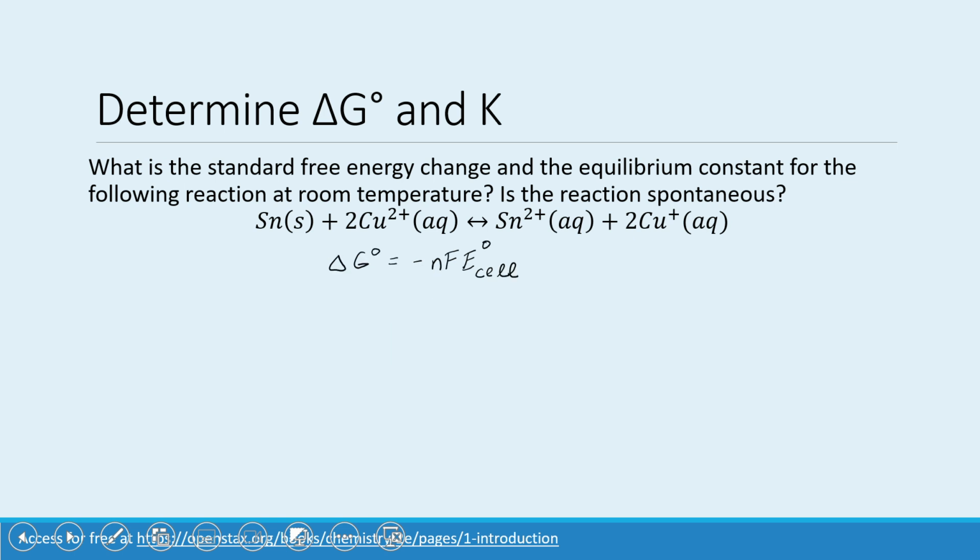Okay, so let's see, I'll just rewrite those out real quick. We've got the 2 copper 2+ ion becoming 2 copper with a positive charge, and we've got the tin neutral being oxidized to a tin 2+.